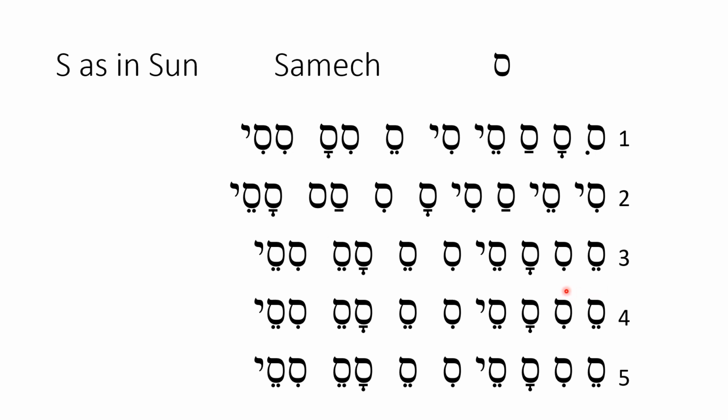Line 3. Say, si, sa, say, si, say, sa, say, sa, say, si, say, si, say. Line 4. Say, si, sa, say, si, say, sa, say, sa, say, si, say, si, say.